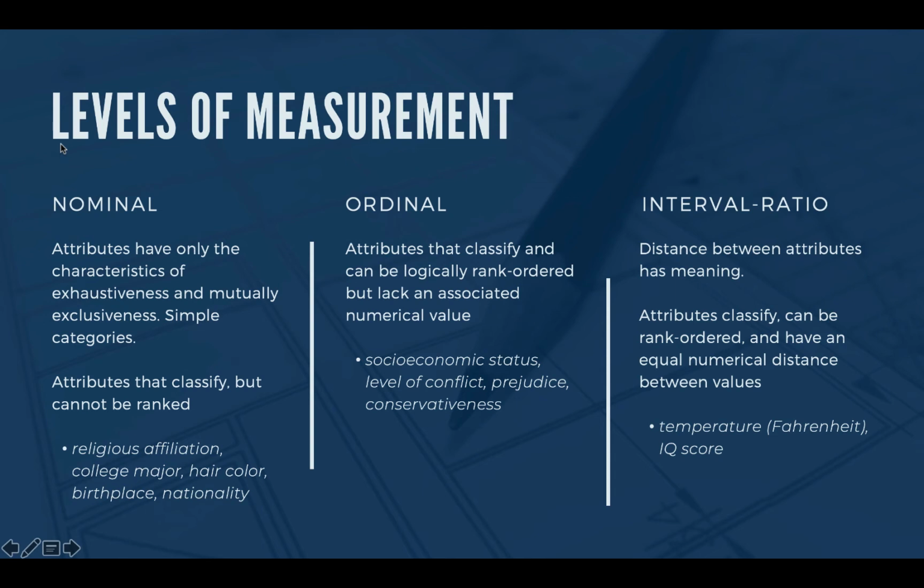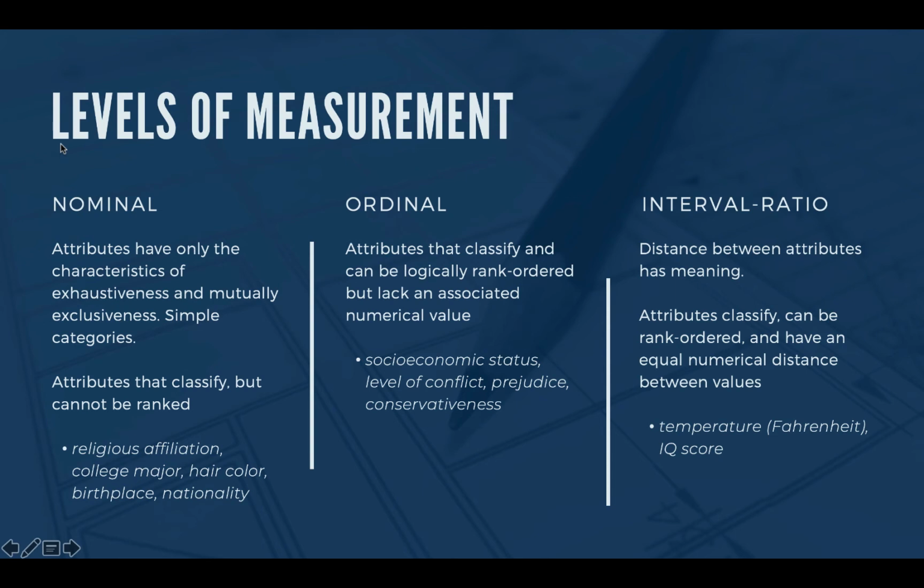So that's nominal variables. Ordinal variables are a little bit more sophisticated in that they both categorize and classify, but they have the added benefit of being able to rank order them. So things like socioeconomic status, that's always a good example. SES is a variable that you can rank. Somebody can say, I am upper class, or upper middle class, or I'm middle class, or I'm working class.